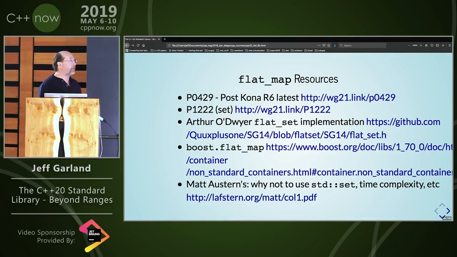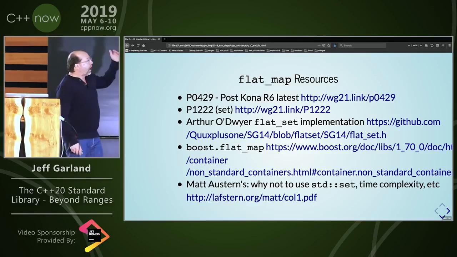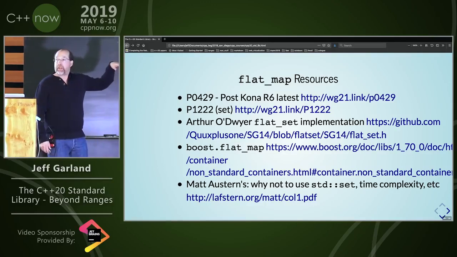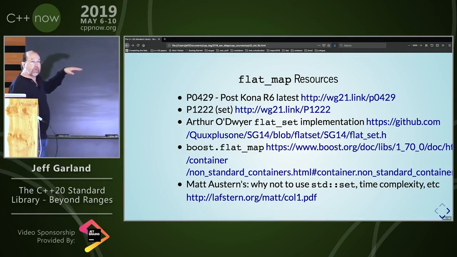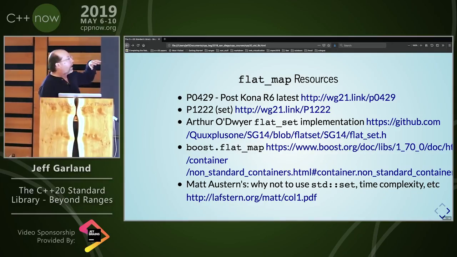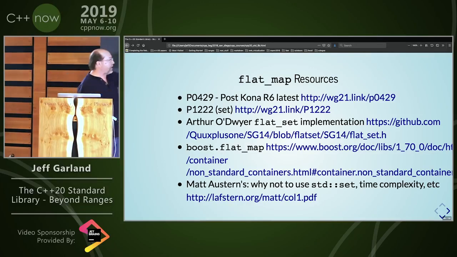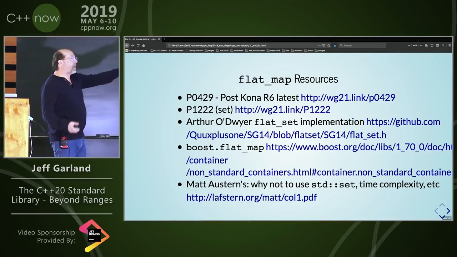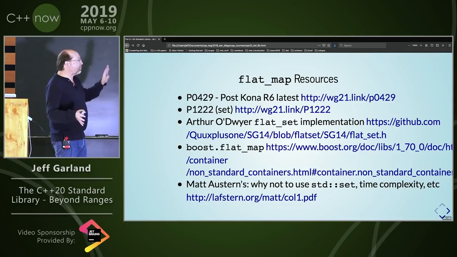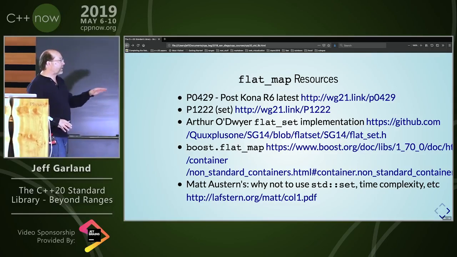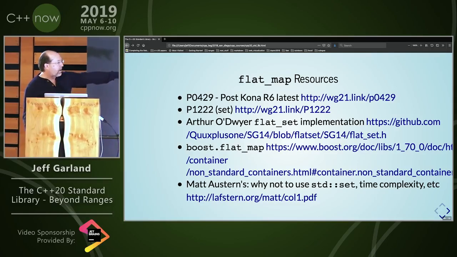That one has not been looked at by LWG at all. Arthur O'Dwyer, who's here at the conference, not in this room, I don't believe, has implemented flat set on his own. He's got his own GitHub. I did not try that out. Boost Flat Map is playing at the edges, but not really supporting this at the moment. And there's that reference to what Matt Ostern had to say a decade ago.